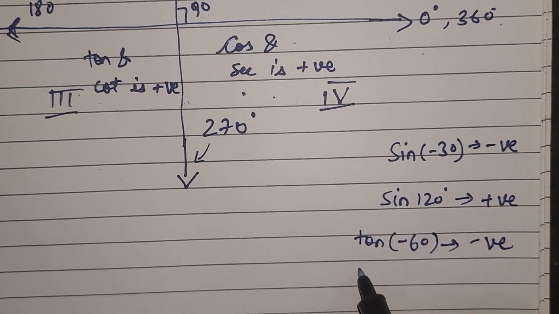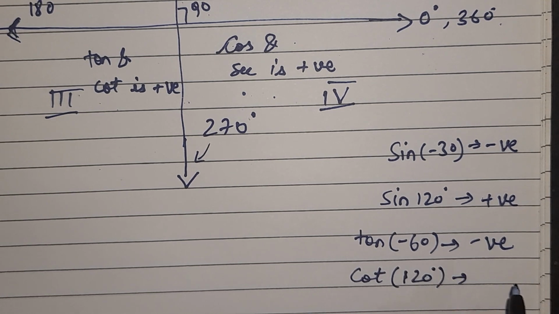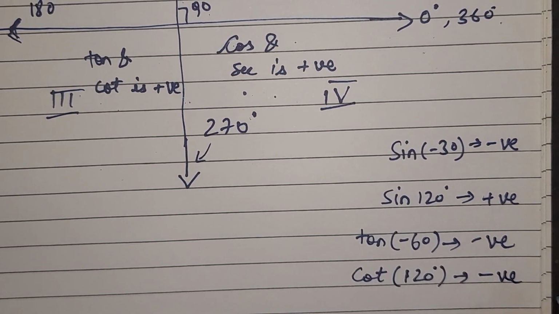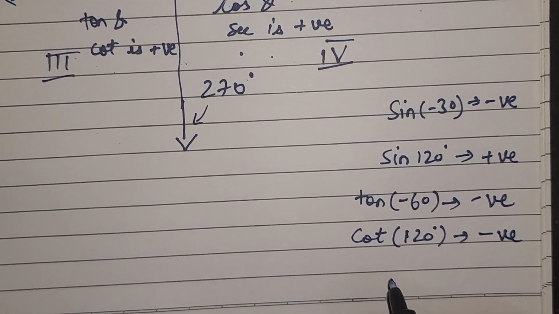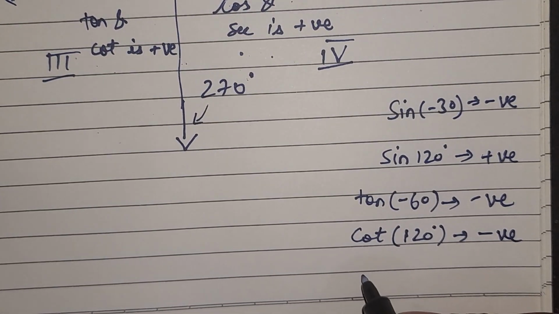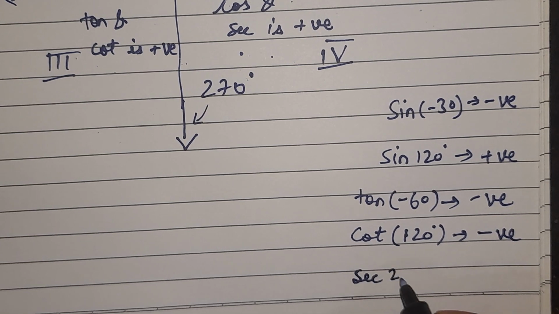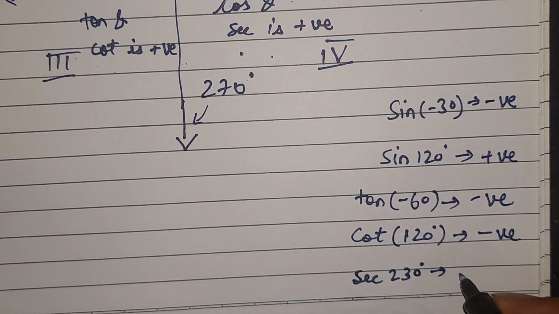Similarly, cot 120 degree will be negative because in the second quadrant cot is negative. Similarly, sec 230 degree lies in the third quadrant, so it is negative.